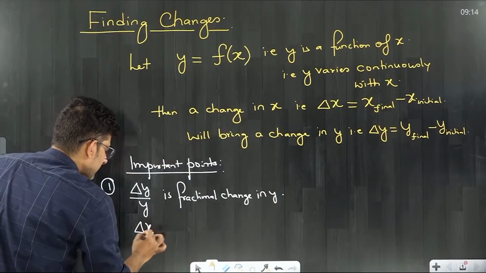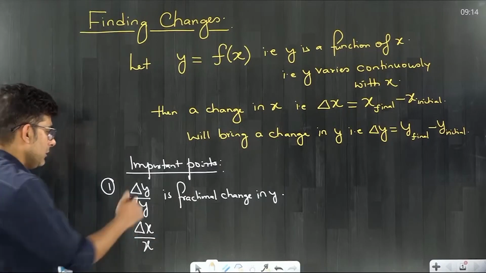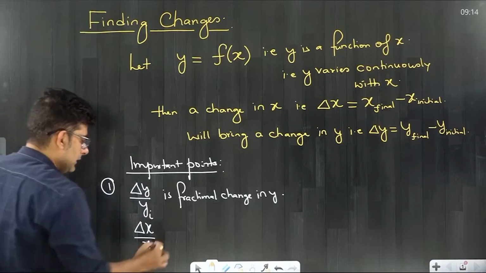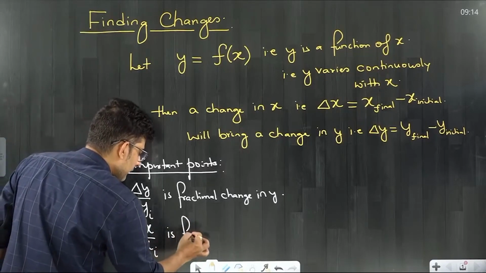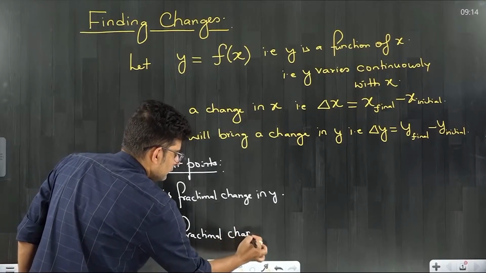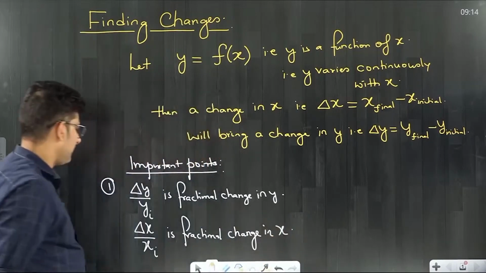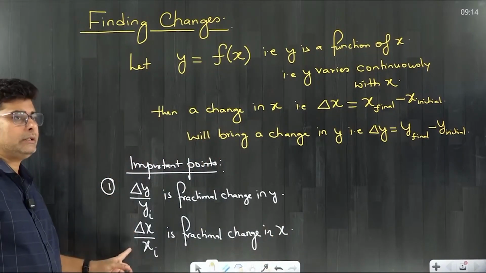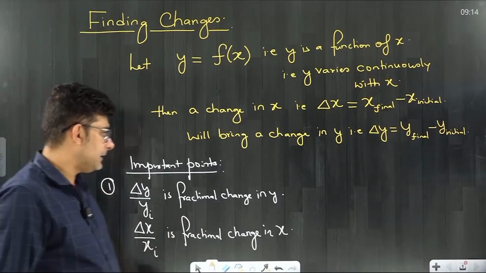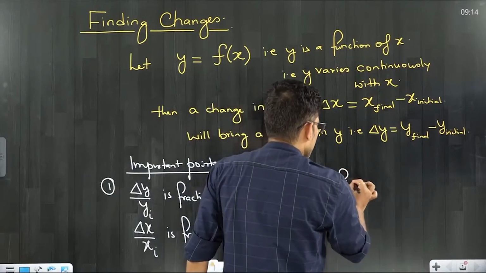If you write delta x by x, it means change in x by the original or initial value. So delta y by y initial we can say, and delta x by x initial. This will be called fractional change in x. So when you divide the change by the initial value, then you call it a fractional change.